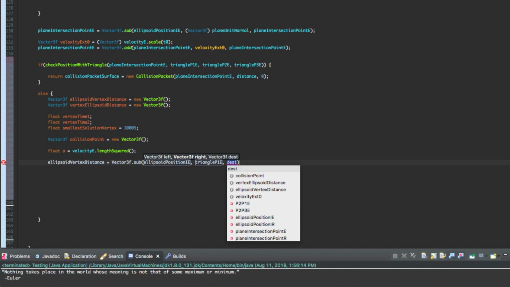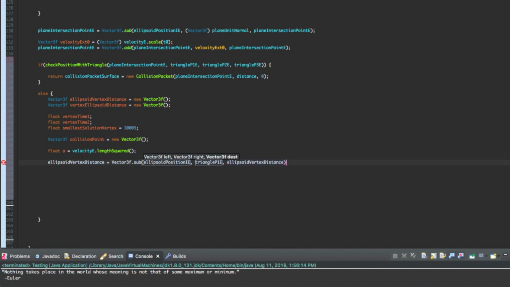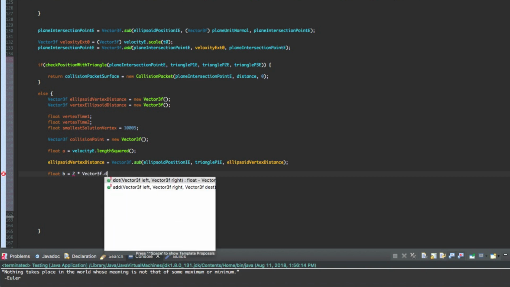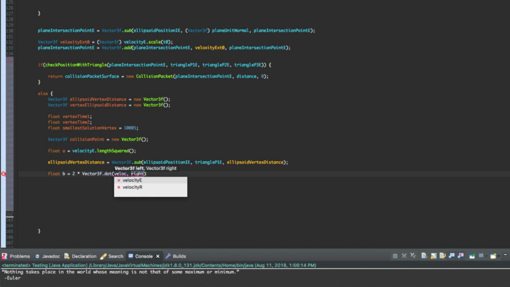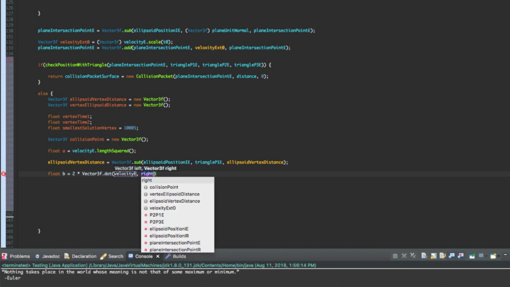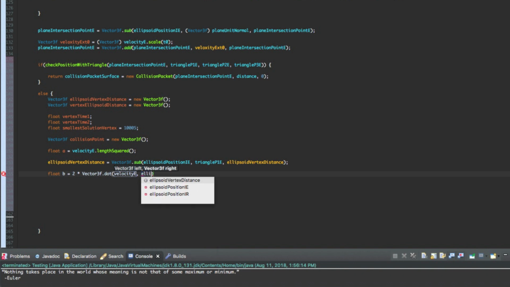And we'll put that into the ellipsoid vertex distance. All right, next we need our float B. And so that is 2 times the vector 3f dot product of our velocity with the ellipsoid vertex distance.